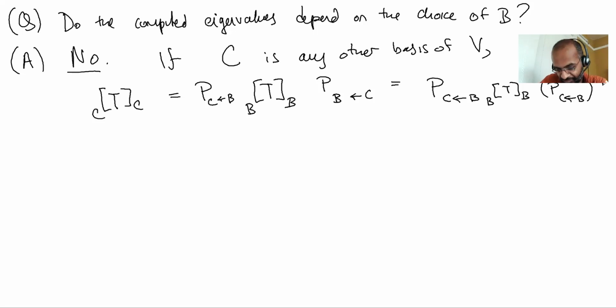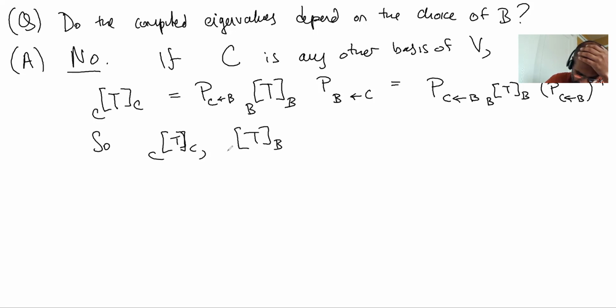And so they're similar, right? Any two matrices you get from this are similar, and therefore they all have the same eigenvalues. So the matrices of T with respect to C and T with respect to B are similar and have the same eigenvalues.